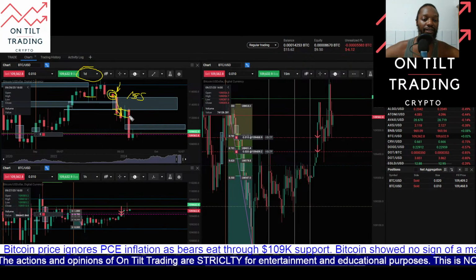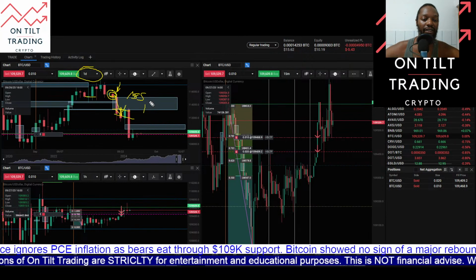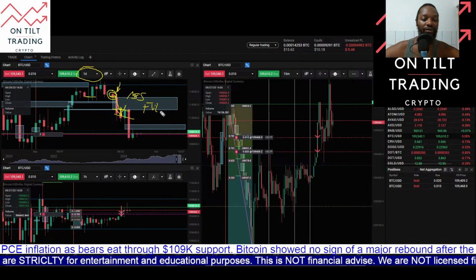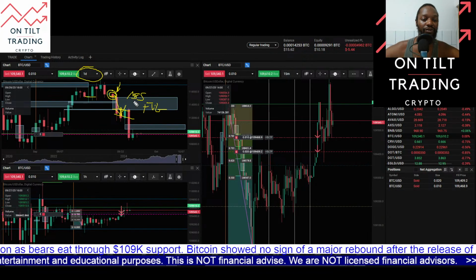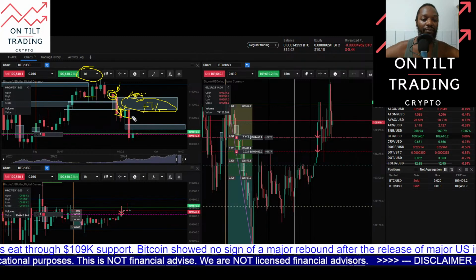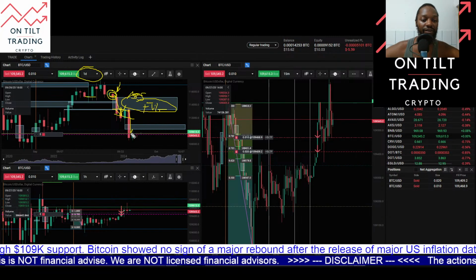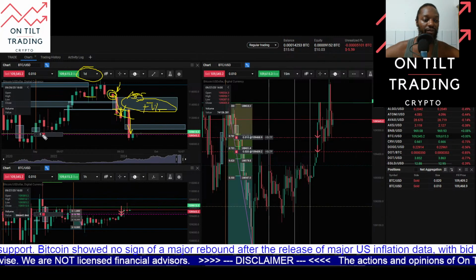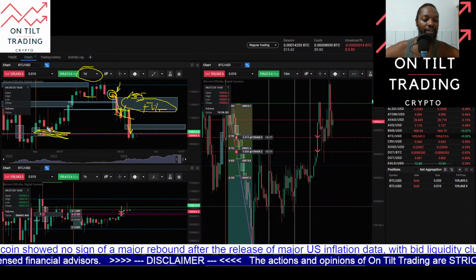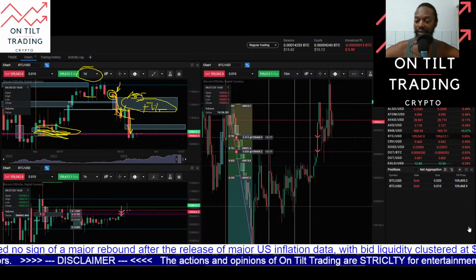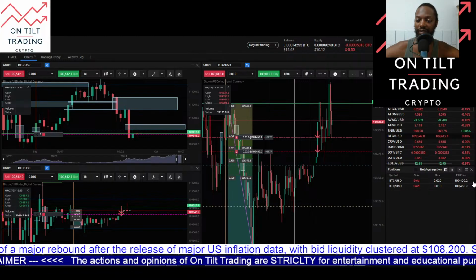Price consolidates in this area and pulls back. This here is a fair value gap. So price pulls back into this fair value gap and then delivers to the sell side again. And when it does this, it sweeps out sell side liquidity that's resting in this area.